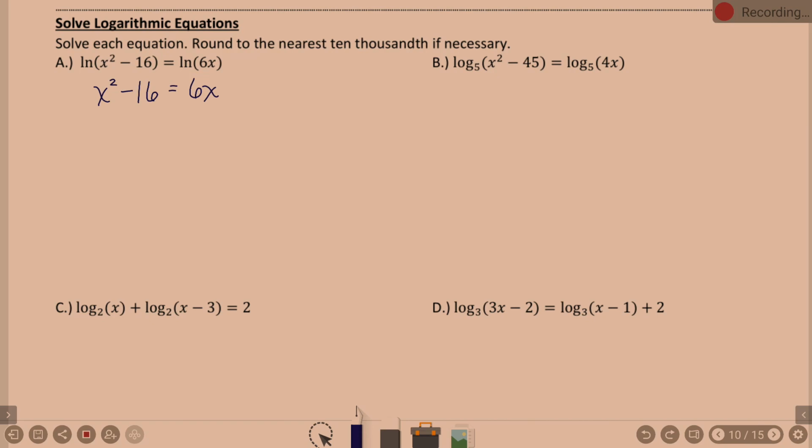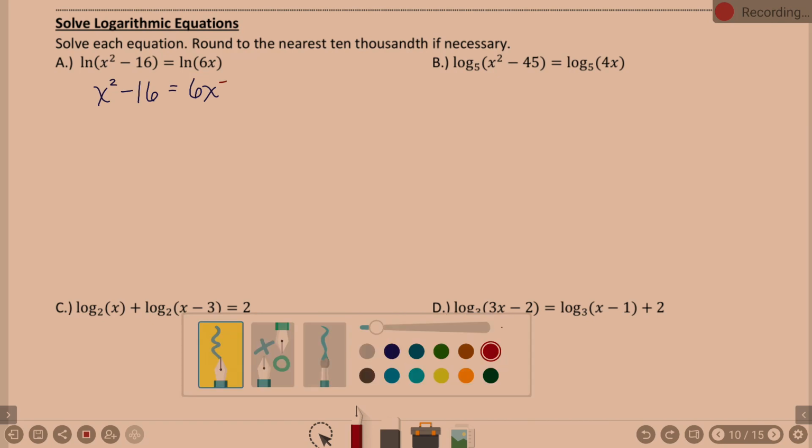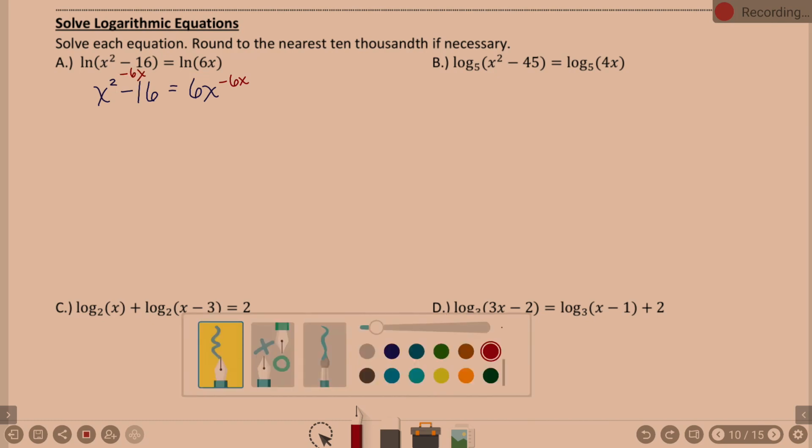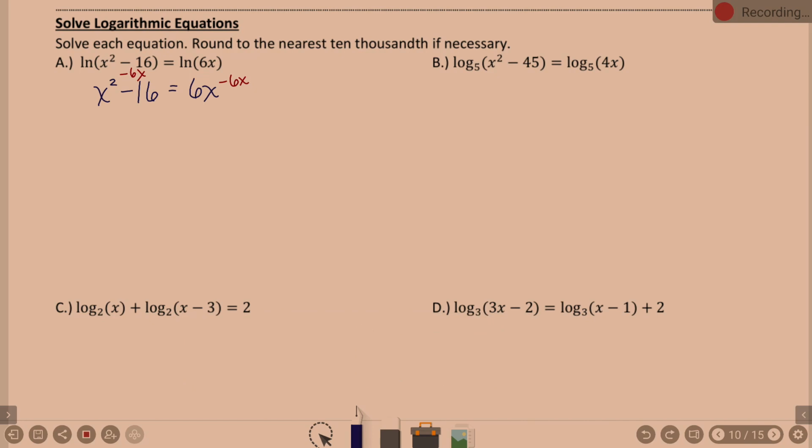To make it equal to 0, subtract 6x, which means I'm subtracting 6x on the left. How best would it be to write my terms on the left? x squared minus 6x minus 16. Put it in that ax squared plus bx plus c order. And then we're going to try and factor.